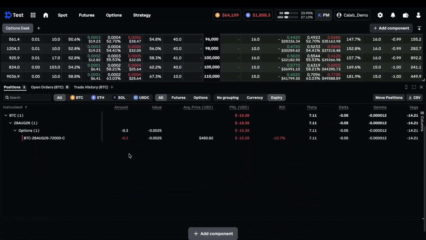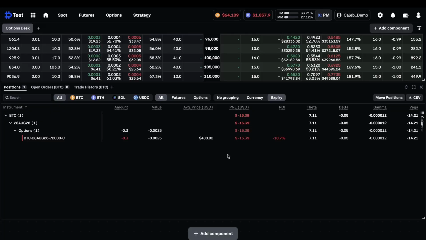All right, so here's a position here. So basically what needs to happen in this instance is that if the market crashes, I make a lot of money, right? But the maximum amount of money that I'll be making is 0.3 times this amount, which is, like we calculated, $144.